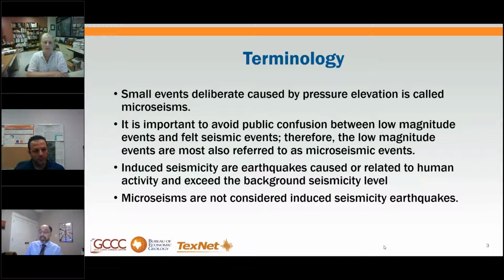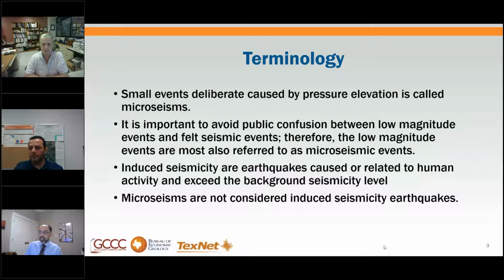Of course, there are a very few cases where events smaller than magnitude 3 are felt, but these are very rare and usually related to site amplification due to the soil at the site of observation.